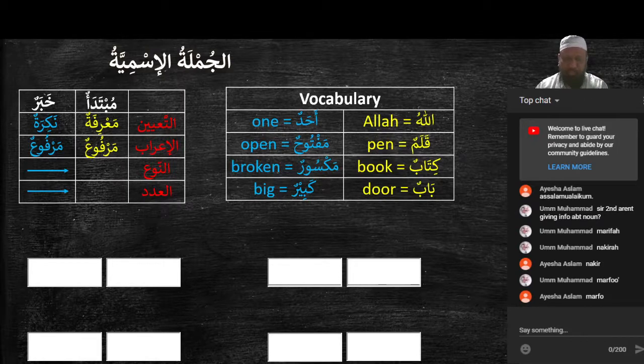ism. So what is the first part of Jumla Ismiya called? Jumla Ismiya is made of 2 parts, 2 slots. What is the name of the first part? Yes, we have that.